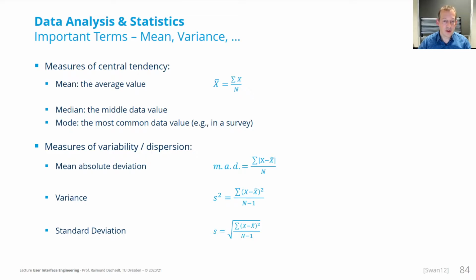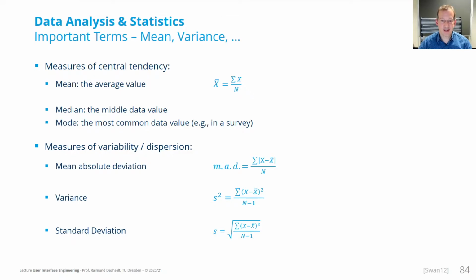And then, more interesting, we have measures of variability or dispersion, and one example is the mean absolute deviation. That means the mean is the sum of all the deviations divided by the number of your sample.